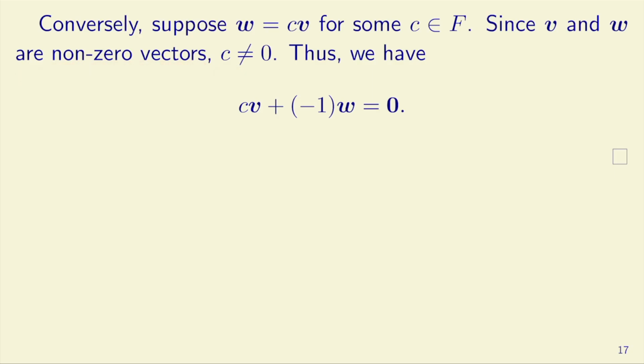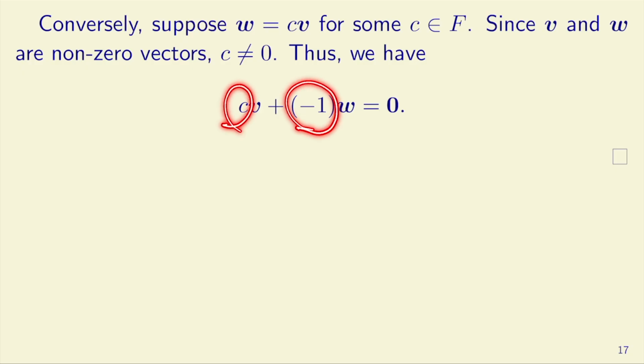We can rearrange this equation to get cv minus w equals the 0 vector. This can be written as cv plus negative 1 times w equals the 0 vector. Here we have a linear combination of v and w that equals the 0 vector, and the coefficients are c and negative 1.